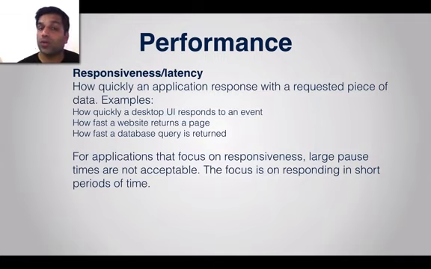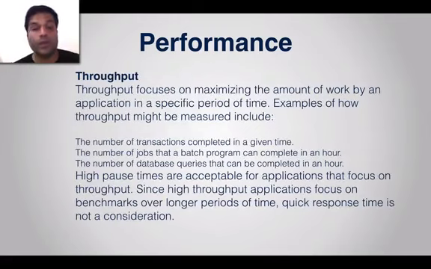Given that, we should approach garbage collection with that in mind. Coming to throughput, throughput focuses on maximizing the amount of work done by an application over a period of time. It's not one single request and response, but rather the things an application does over a period of time, like batch processing of say 10 million records of data. That happens over a period of time, and you take an average and see how much throughput you get.